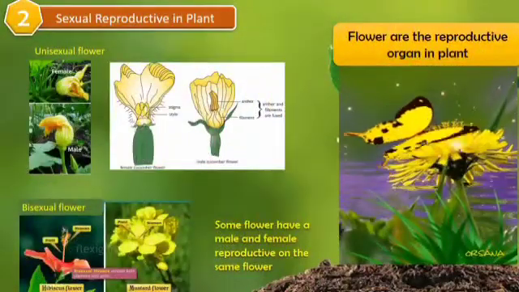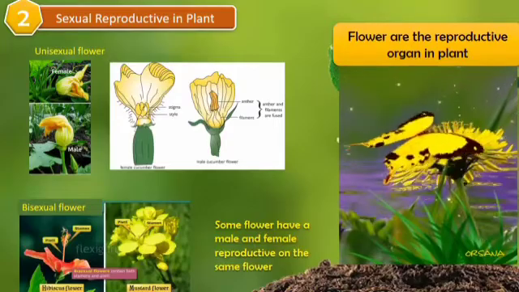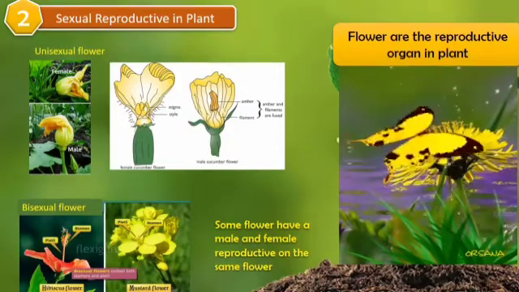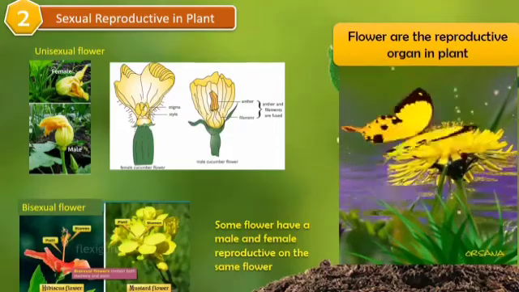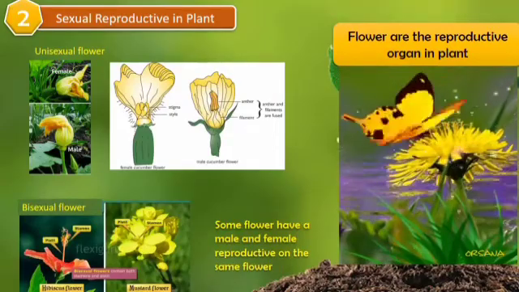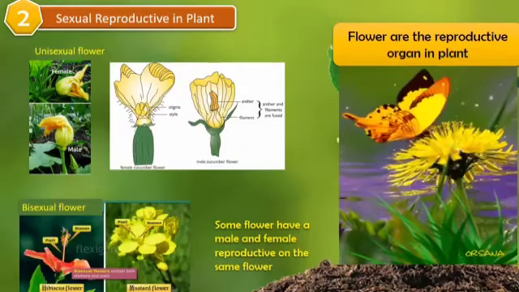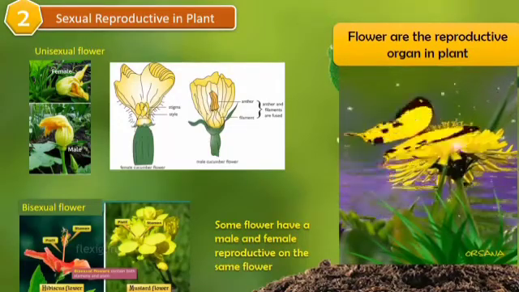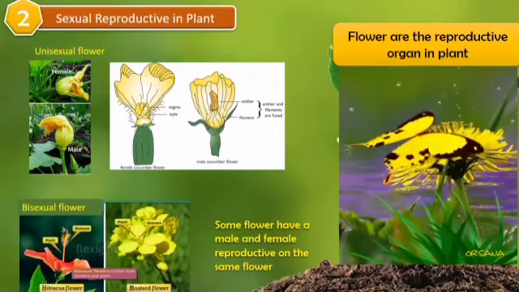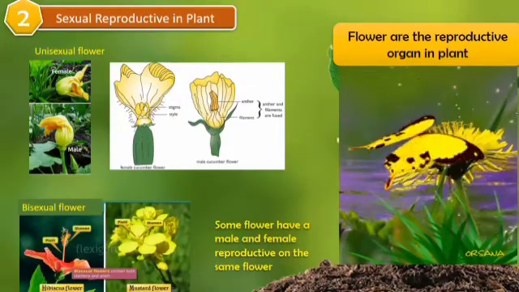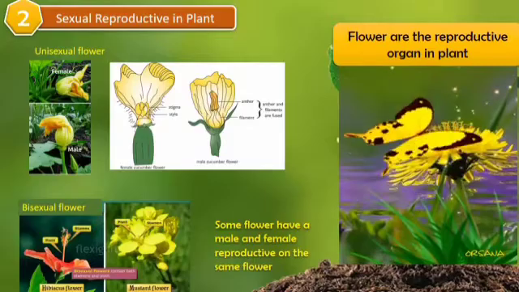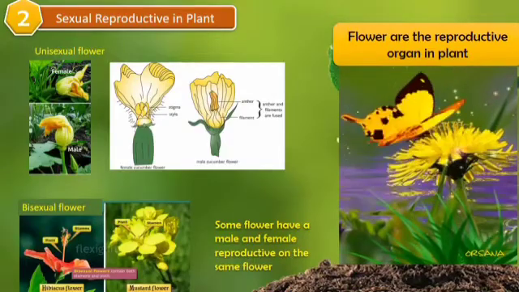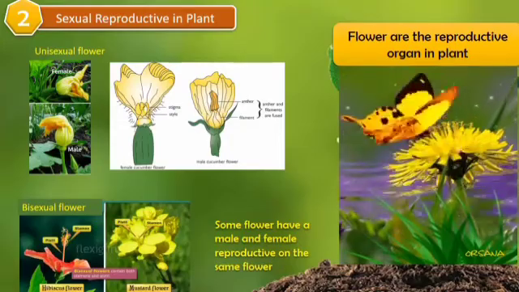Sexual reproduction in plants: we know there are male and female gametes in the flower. From this, we can know there are two kinds of flowers. The first is the unisexual flower, and the second is the bisexual flower. What is the unisexual flower? The unisexual flower has only the male gamete or the female gamete, so one flower has only one gamete.